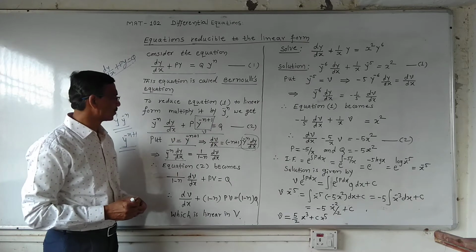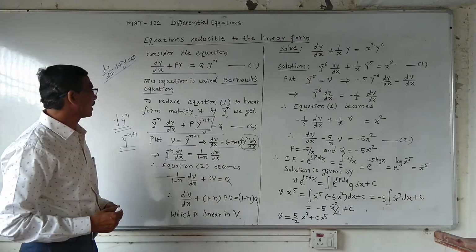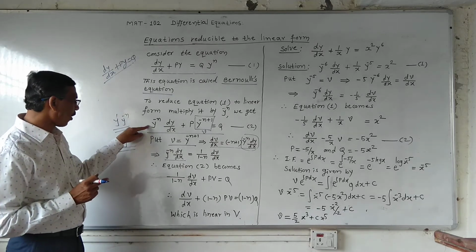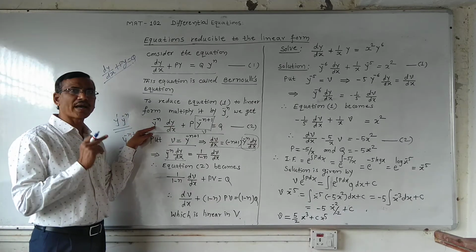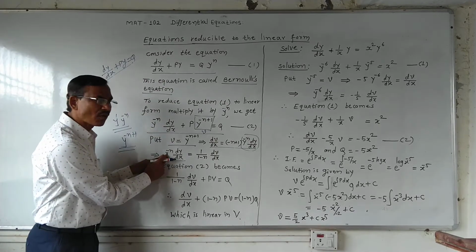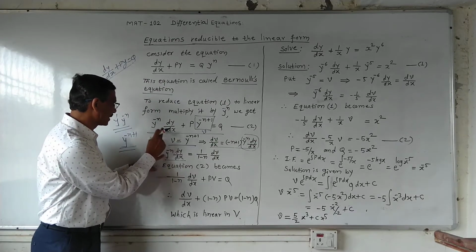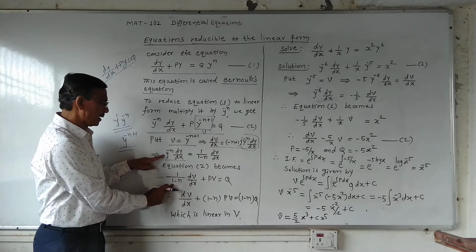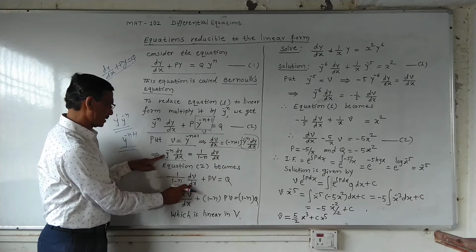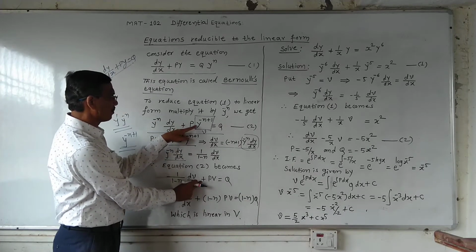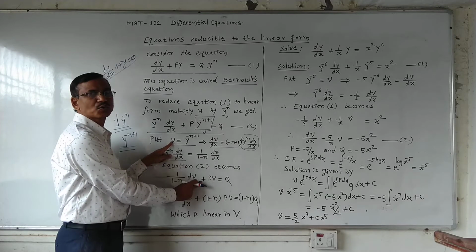Now we shall substitute these values in equation 2. What is the first term of equation 2? Y raised to minus n dy by dx, which is 1 upon 1 minus n dv by dx, plus p into this term, which is substituted as v.